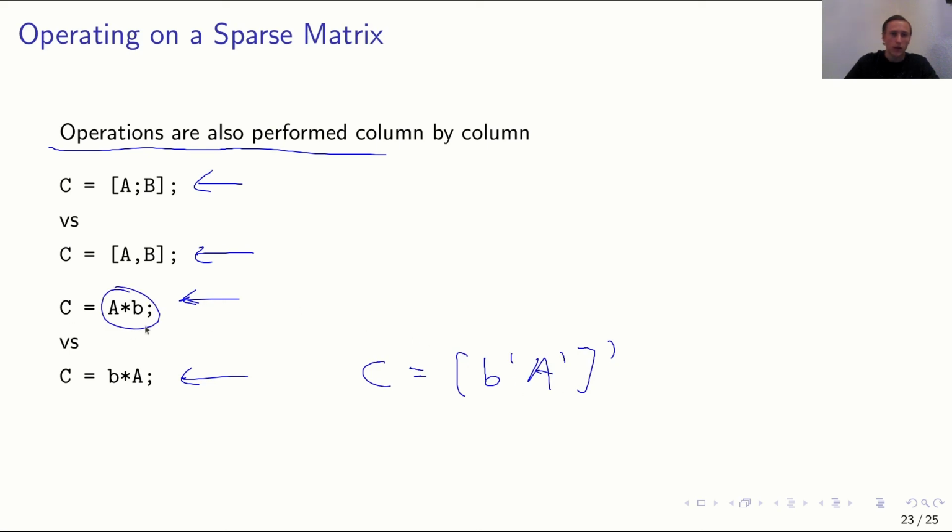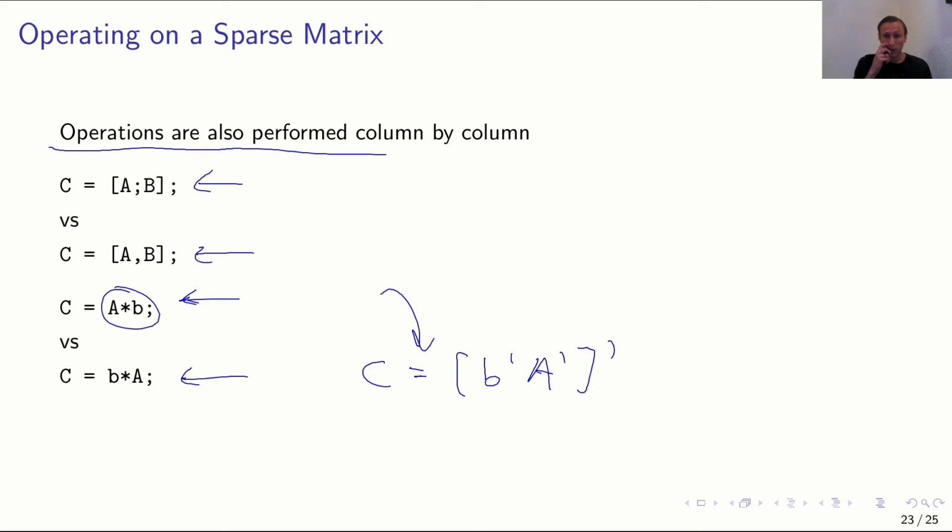So if you want to perform this operation, it may actually be cheaper to do this, though that will depend on the exact situation, of course. But it may be cheaper simply because here we're multiplying in a column favorable order, which does not occur over here.